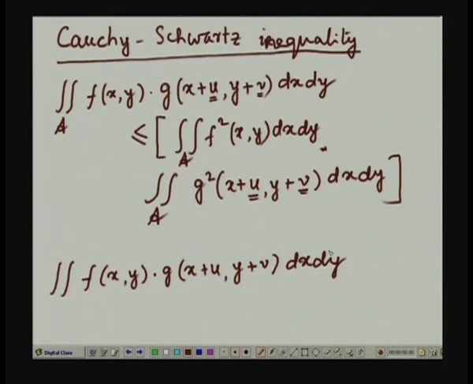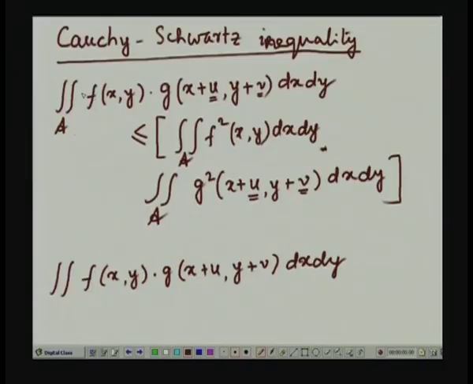And because f x y is 0 outside the region A, this definite integral over A can now be replaced by an integral from minus infinity to infinity. So, this is what we get from the left hand side of the expression.